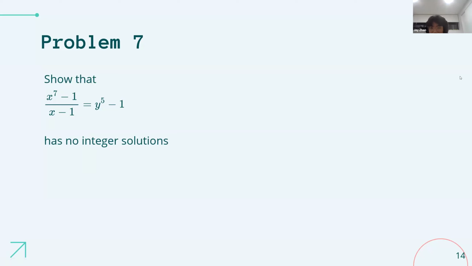So, notice that the left-hand side is equal to the 7th cyclotomic polynomial.